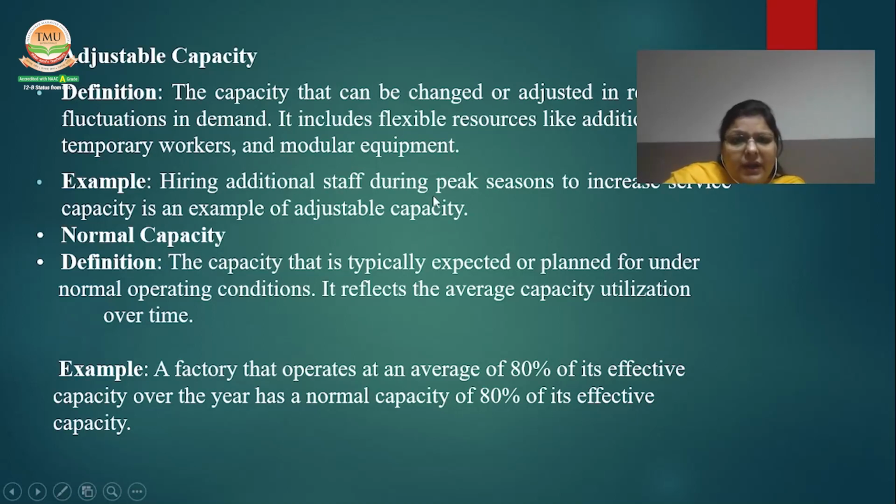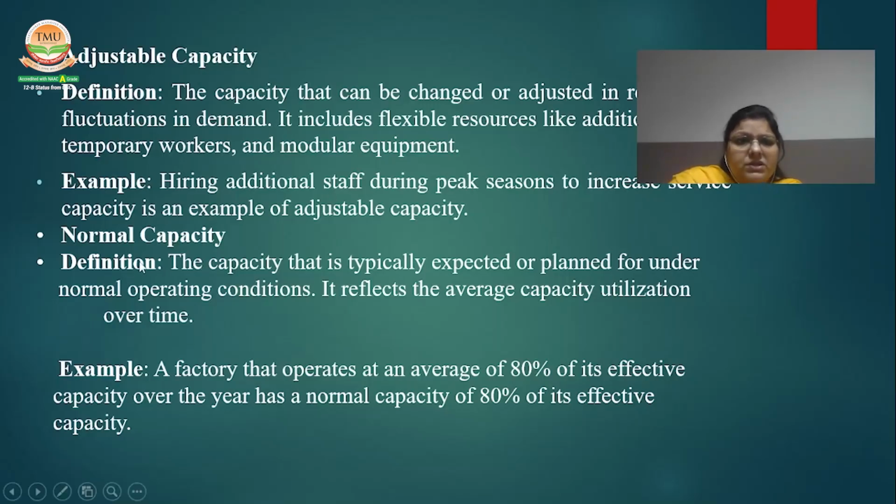Hiring additional staff during peak seasons to increase service capacity is an example of adjustable capacity. If our production target is to set up two modular kitchens in one day, we can take some more people to achieve our capacity.